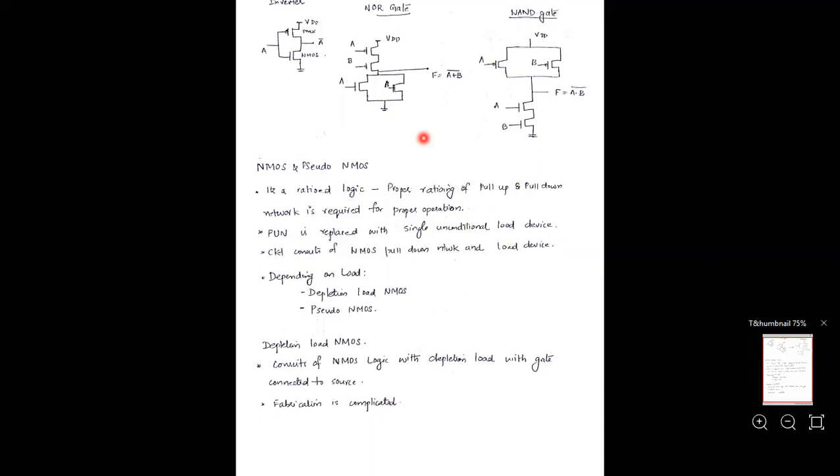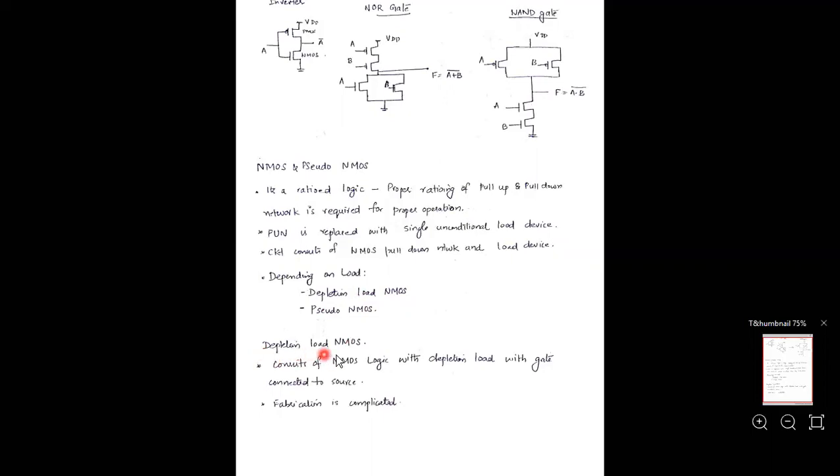The NMOS section, or the PDN pull down network, is the same as it is, and based on the load provided, we have two designs for NMOS logic, called depletion load NMOS, or simply NMOS, and pseudo NMOS.